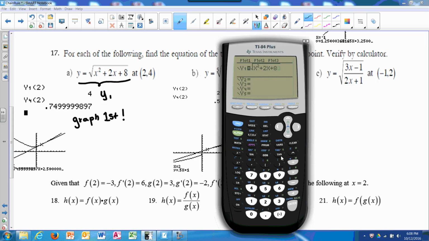And then you're going to use the draw feature of your calculator. So if we place the square root of x squared plus 2x plus 8 into our calculator, we're going to graph that.